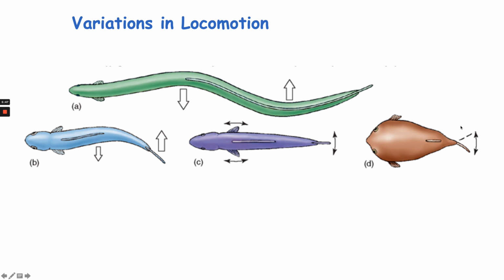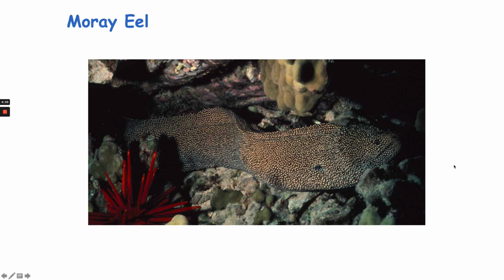The last one here is a pufferfish or a boxfish also, and they primarily swim by flapping their tail back and forth. So these are fish that are highly maneuverable but not too fast. So an example of that first type of swimmer that swims with its fins and its tail is the moray eel, and it uses its whole body undulating through the water to swim.